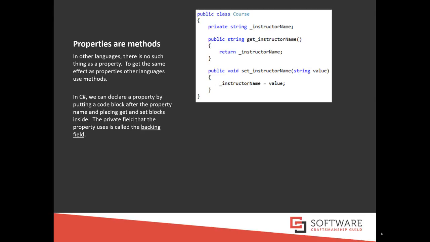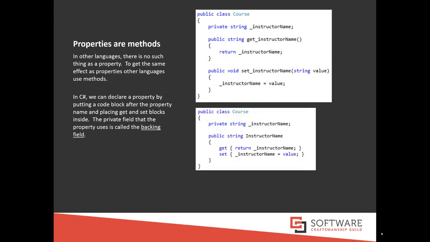And anybody who wants to read the instructor name must call the get instructor name method, and it's going to return the data back to them. Anyone who wants to assign the instructor name has to call the set instructor name method and pass in a string value that we'll use for assignment.